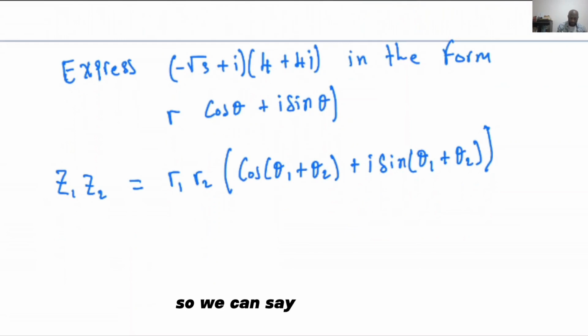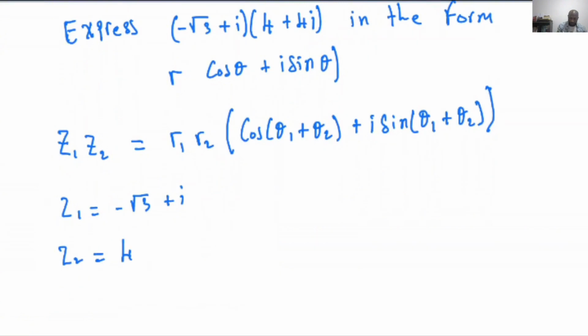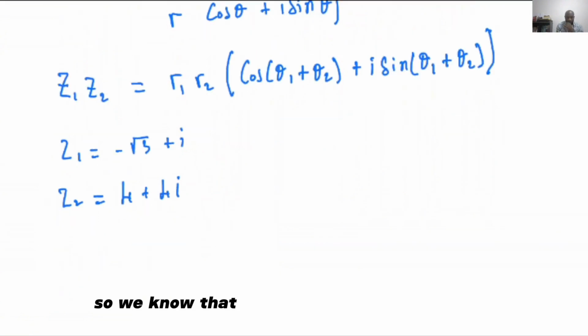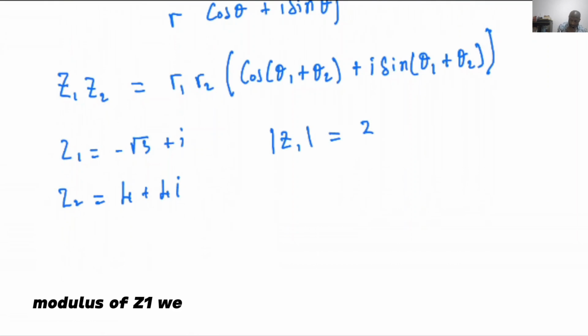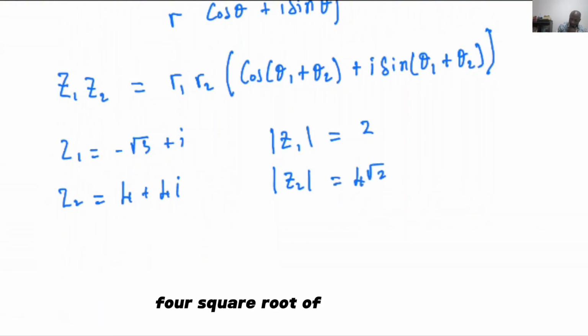So we can say that z1 is negative root 3 plus i, and z2 is 4 plus 4i. So we know that the modulus of z1 we got 2, and the modulus of z2 we got 4 square root of 2.